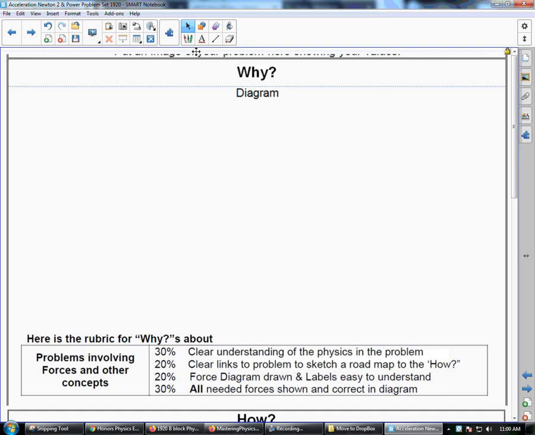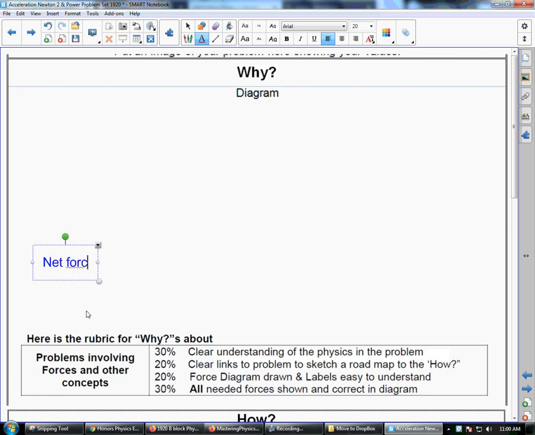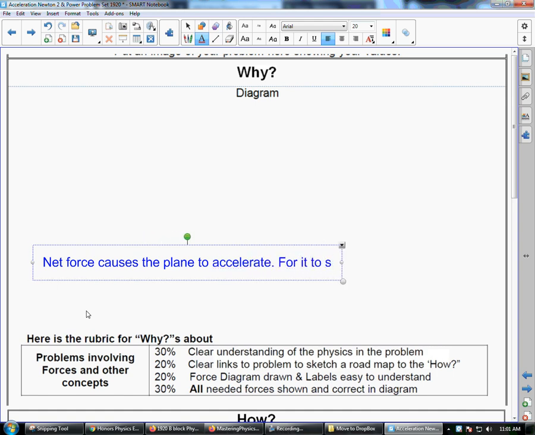So let's put in the forces first. And let's click down here, and I'm going to start off with net force causes the plane to accelerate for it to slow down.